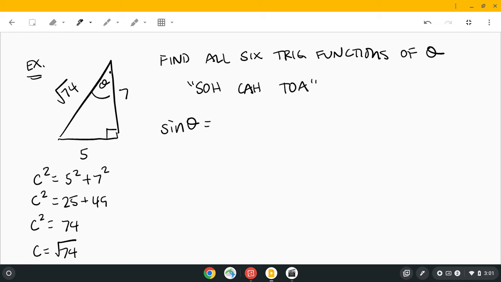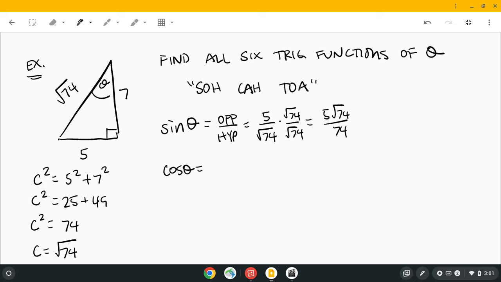If I'm talking about this angle, the sine is still going to be the opposite side, which would be 5. Opposite over hypotenuse, so that would be 5 over square root 74. If you rationalize the denominator, you multiply by square root 74, and that will give you 5 square root 74 over 74.